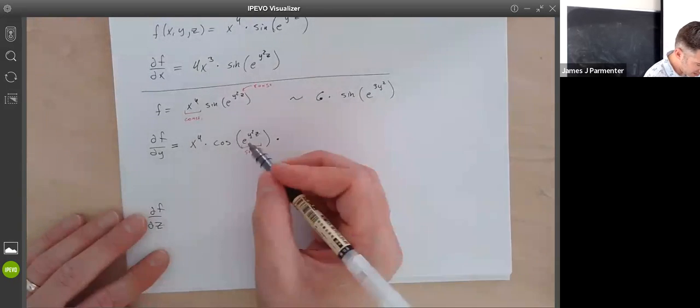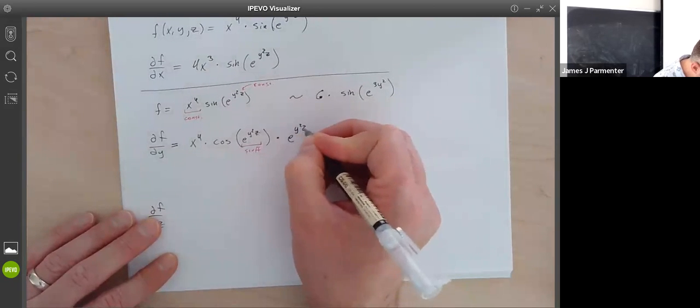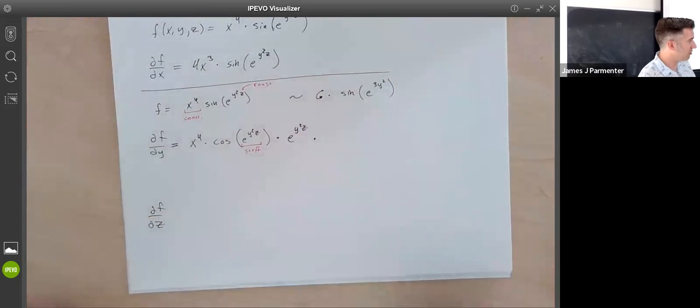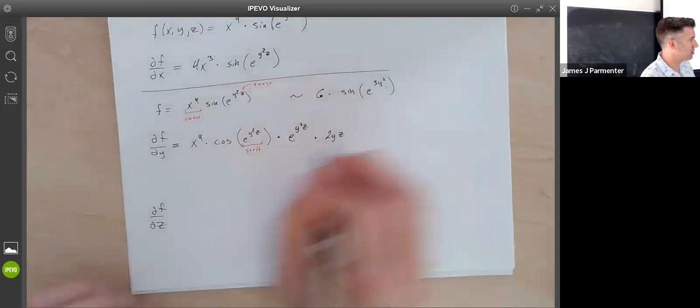So the derivative of e^(y^2 z) is going to be e^(y^2 z) times the derivative of y^2 z. What's the derivative of y^2 z in this particular problem? Exactly, 2yz, because we're taking the partial with respect to y.